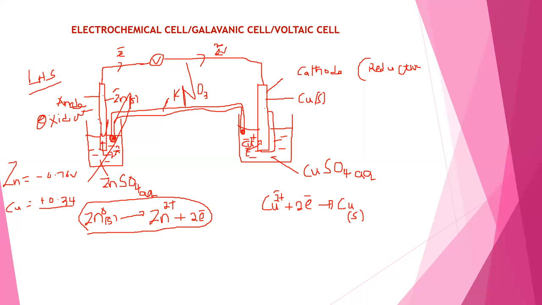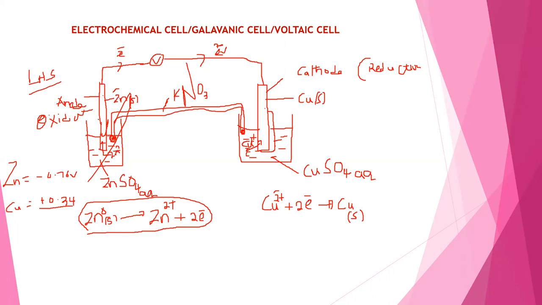Somebody can ask you to explain the observations which are made at the anode and at the cathode, or compare the masses of the anode and the cathode in this electrochemical cell. You realize that at the cathode there is an increase in the mass of the electrode, while at the anode there is a decrease.